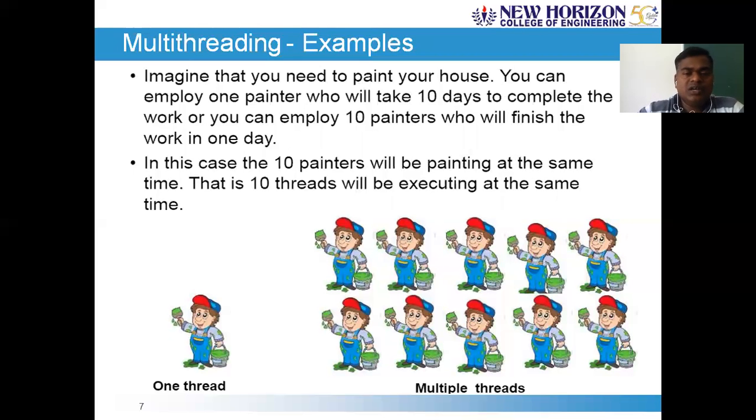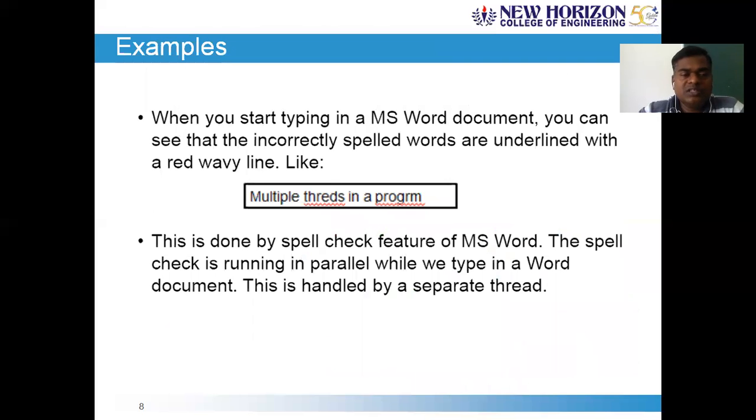One more example for multi-threading is when you are typing text in Microsoft Word, you can notice the grammatical mistakes in the words or characters you are typing. That is a spell checker. A dictionary will be running concurrently or parallelly, and it will highlight the mistake in the characters, or if there is a mistake in the spelling.